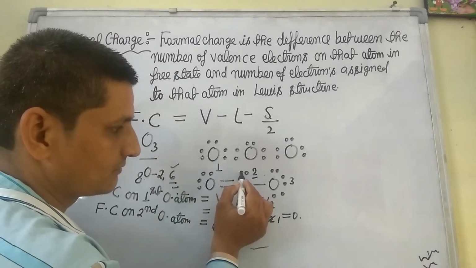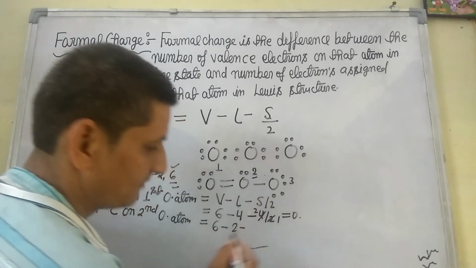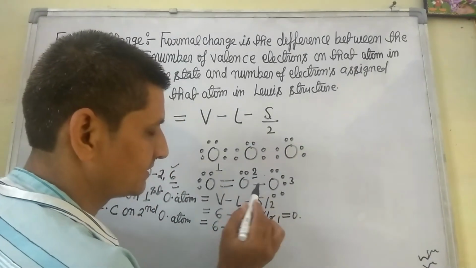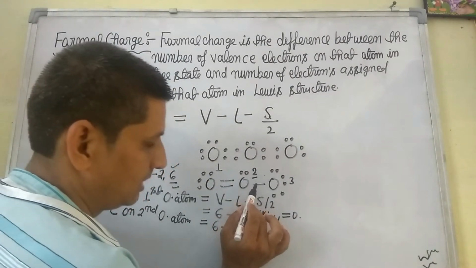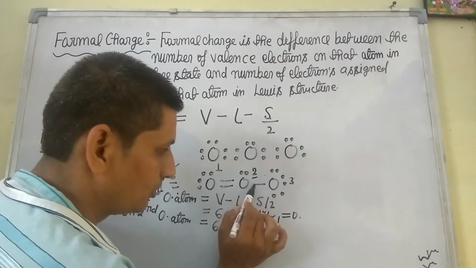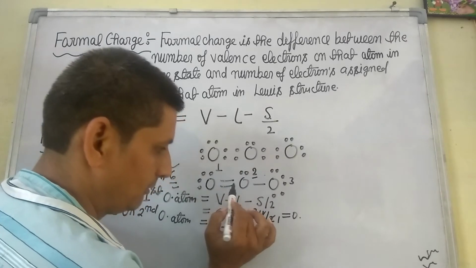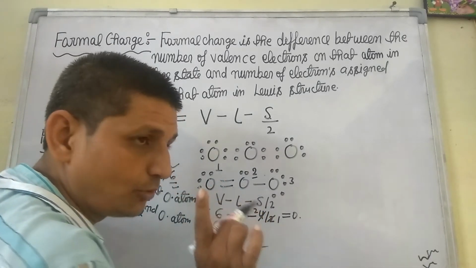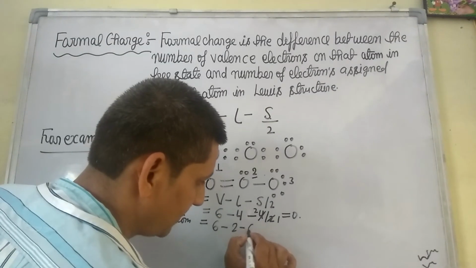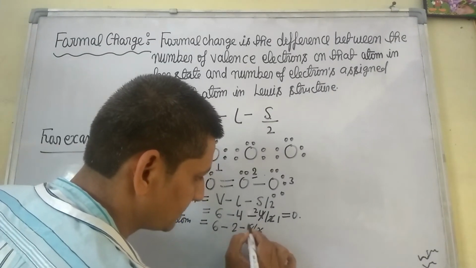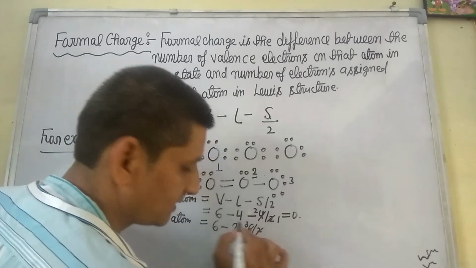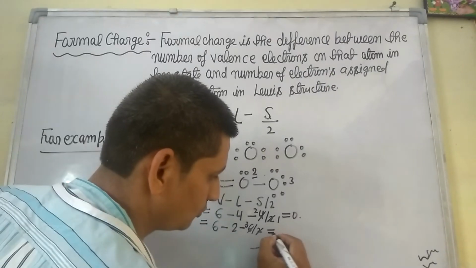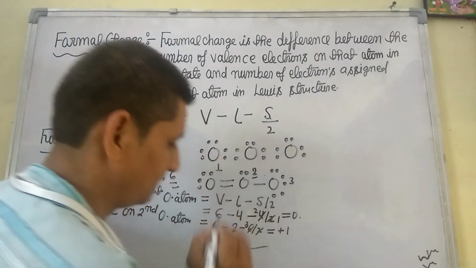Lone pair electrons are 2. After this, shared pair electrons. Here shared pair electrons, count the number of bonds: 1, 2, 3. One bond is equal to 2 electrons, so 3 bonds is equal to 6 electrons, so divide 6 by 2. 2 threes are 6. 6 minus 2 minus 3 is minus 5. 6 minus 5 is equal to 1. We can write plus 1.